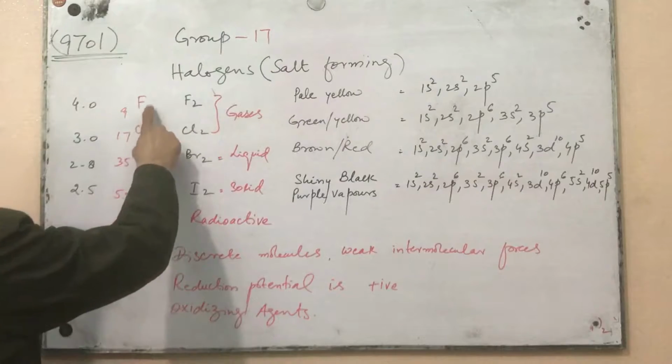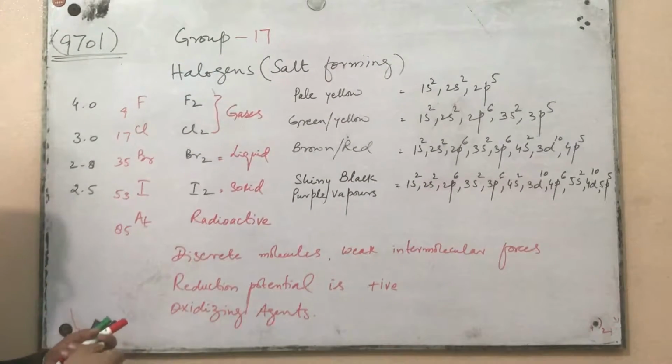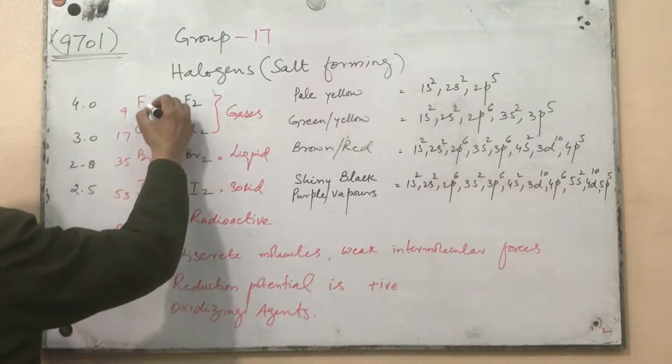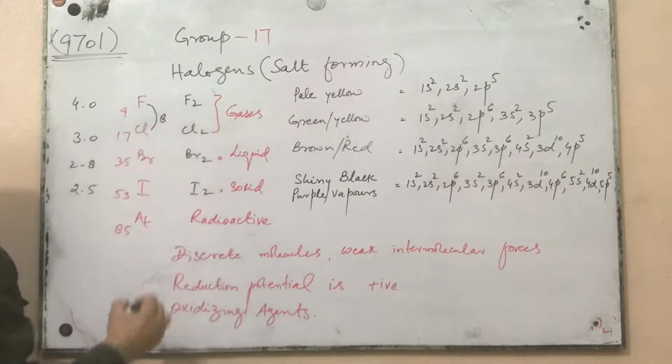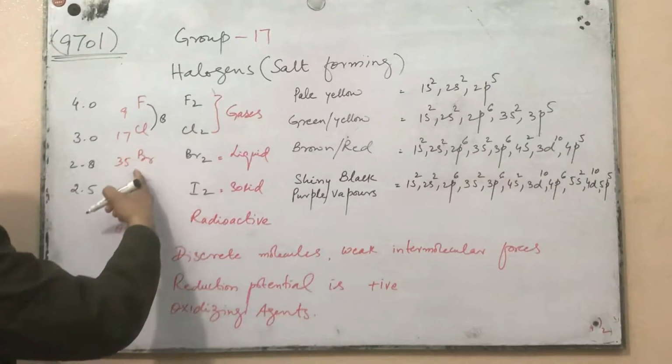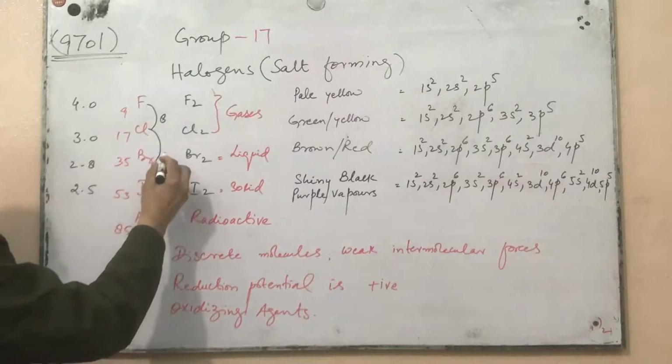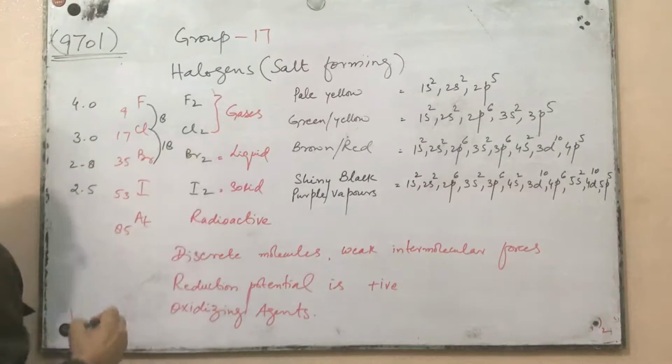On the basis of their proton numbers: fluorine is 9, chlorine 17, the difference is 8. From chlorine to bromine with 35, the difference is 18.